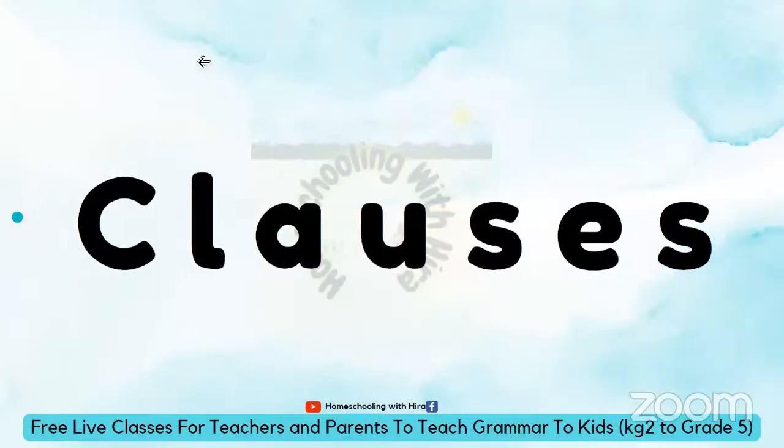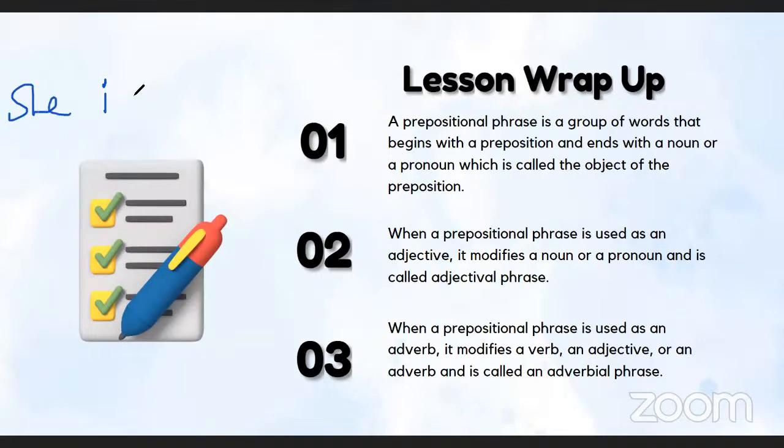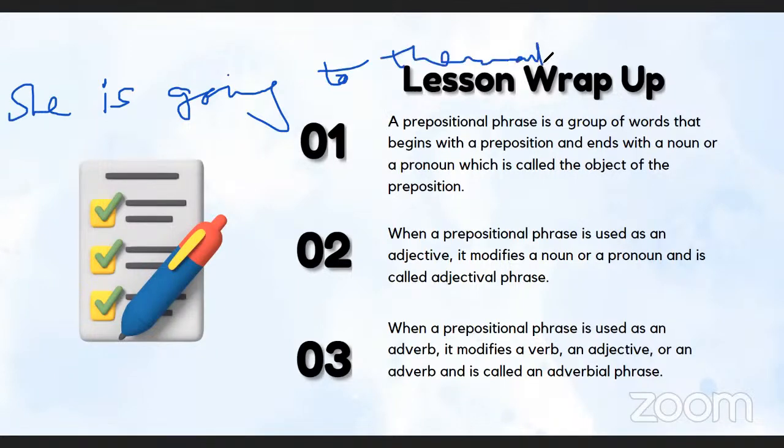Just a minute. Verb phrases are nothing but verbs. Like if you are saying, she is going to the market, right? So is going together is a verb phrase. Let me color it in red.